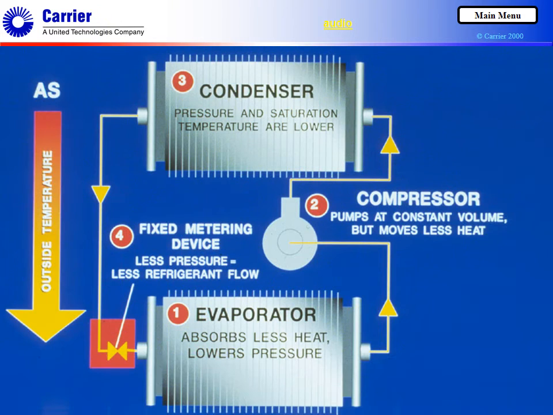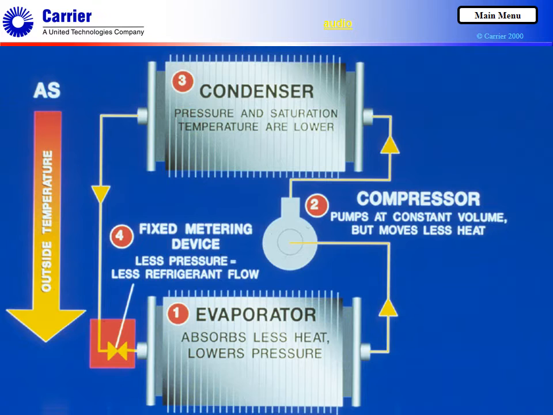The reason that the capacity of the fixed metering device floats downward with a reducing load is, at the evaporator, less refrigerant vapor is produced because less refrigerant is evaporated, since less heat is absorbed by the refrigerant in the coil. This condition occurs because less heat is available to be absorbed due to a lower cooling load. But at the compressor, the same volume of gas is removed from the evaporator per unit of time.